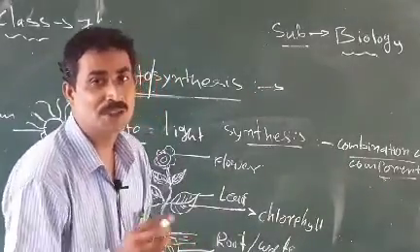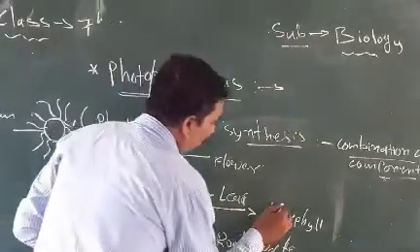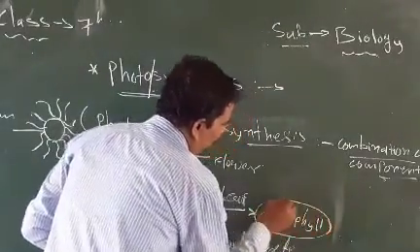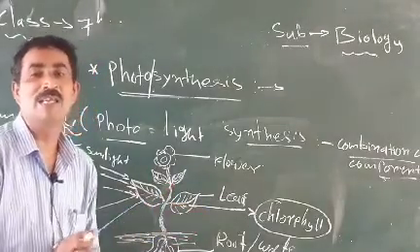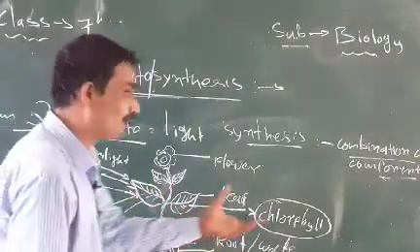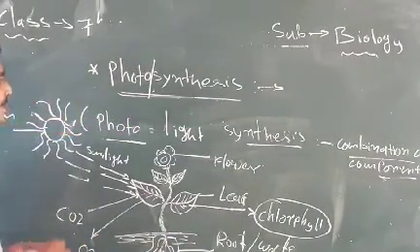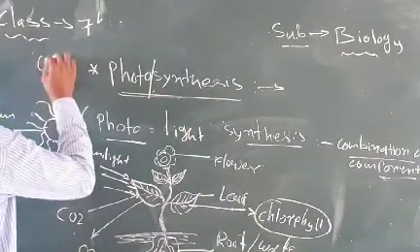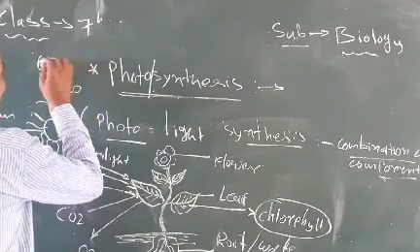The photosynthesis procedure goes on only inside the green plant. Why? Because the green plant contains chlorophyll, which plays a very important role in photosynthesis. And the environment provides CO2, nitrogen, H2O and sunlight.